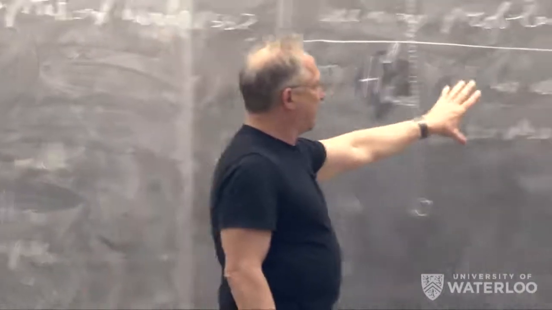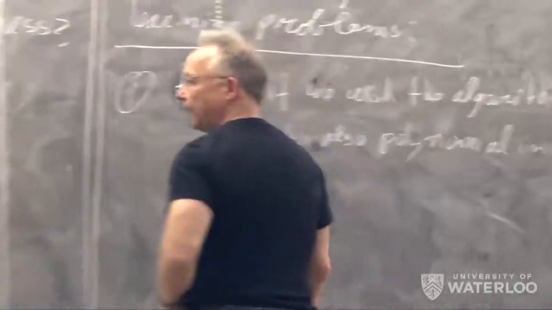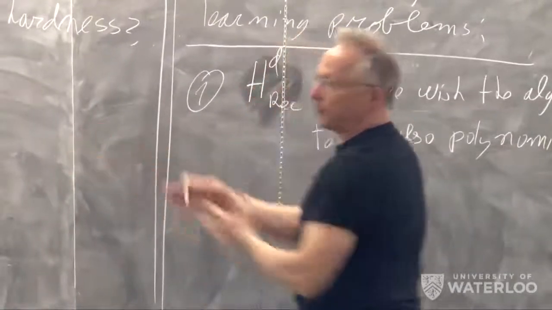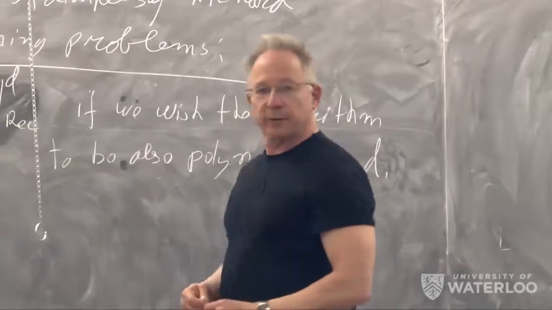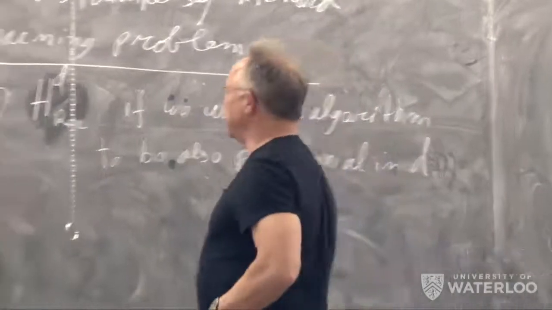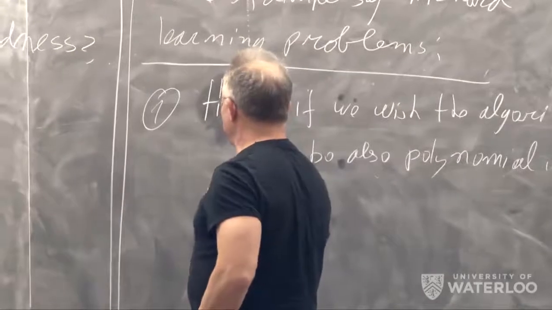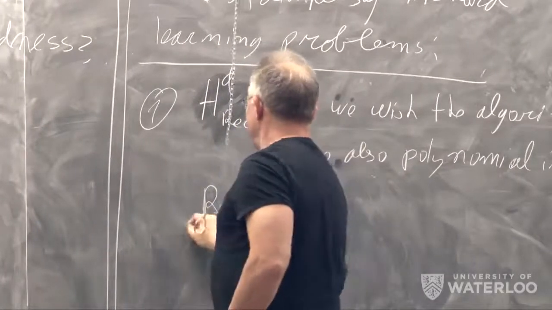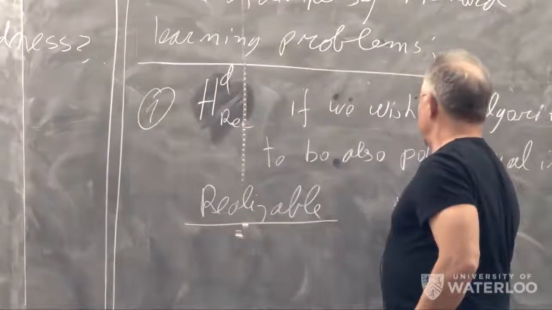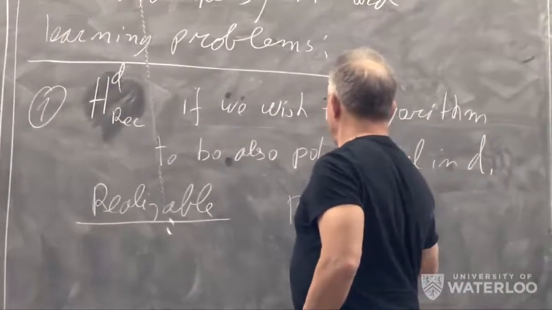And this is a hardness result, so we have to say, are we talking about the realizable, the unrestricted or restricted model? This is going to be NP-hard even in the realizable case in the proper setting, if you want to output the rectangles.